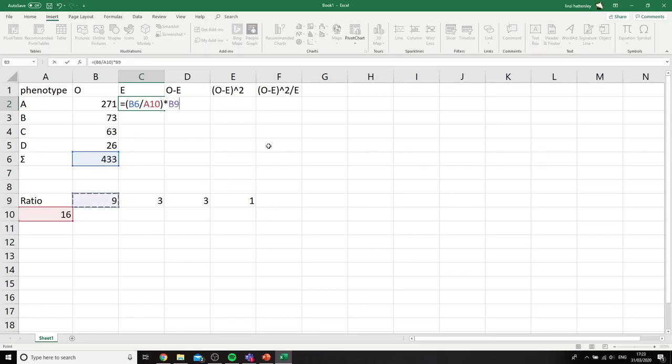So for A it's 9. Before you press enter, put dollar signs in front of the B and in front of the number, or A and then the number. What this does is it tells the formula not to move from that cell.